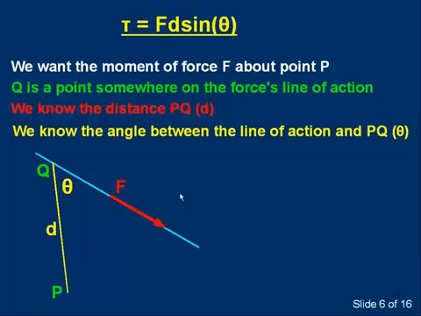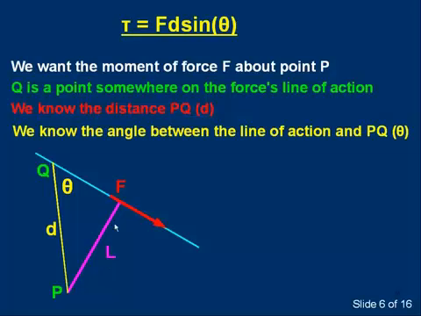Well, the calculation, the derivation I should say, is very similar to the calculation we did on the previous slide. Let's draw in the perpendicular, the lever arm, the line joining P to the line of action, so it's at 90 degrees to the line of action.